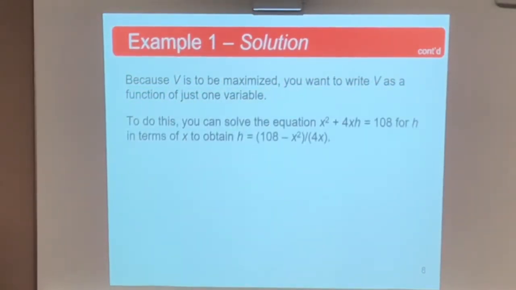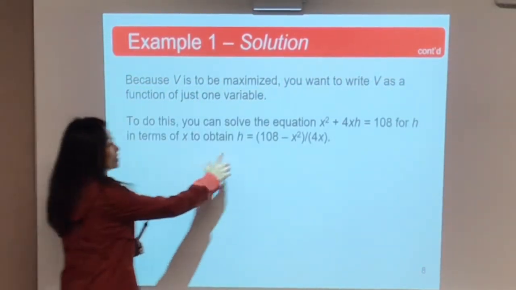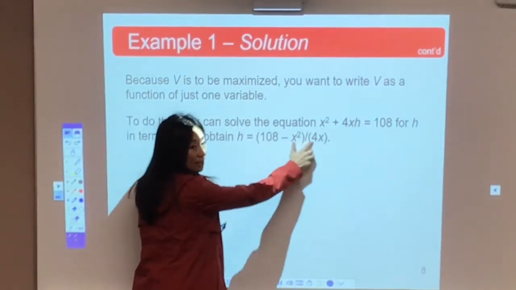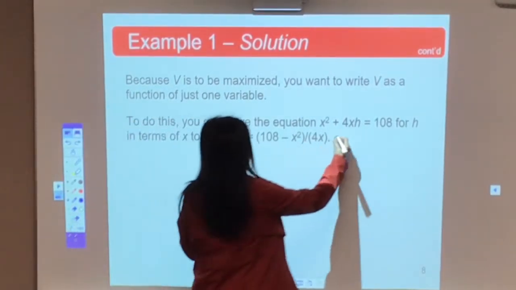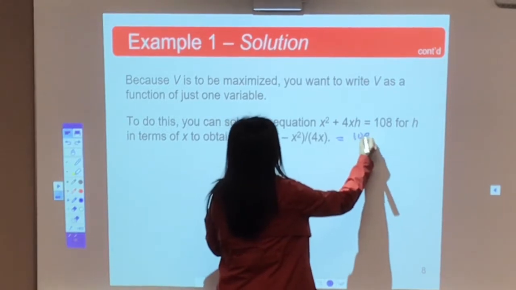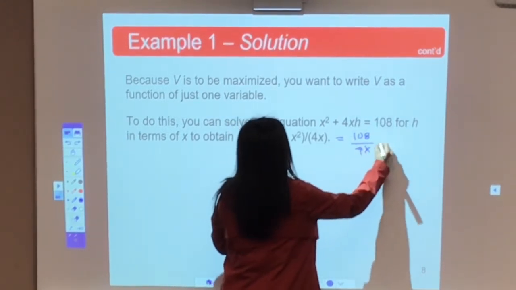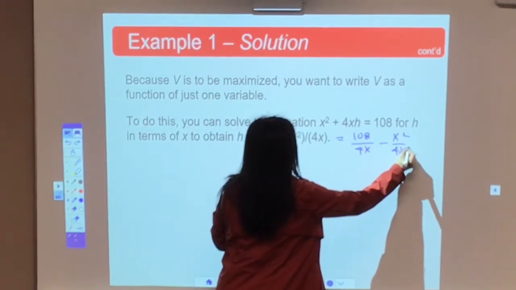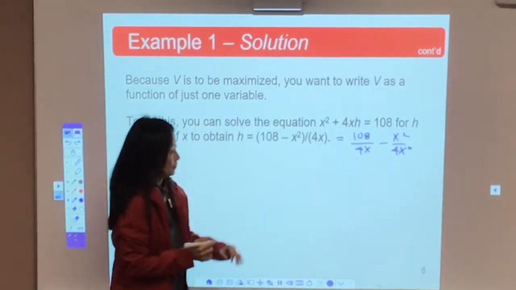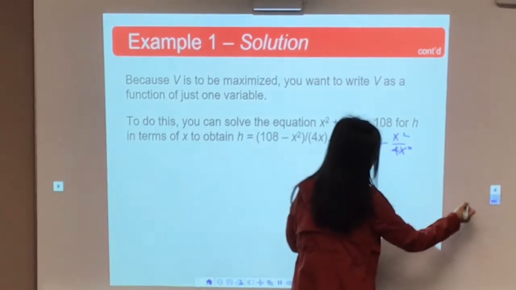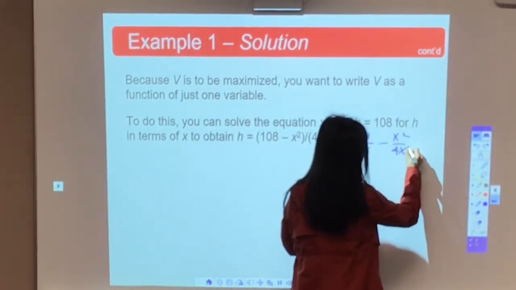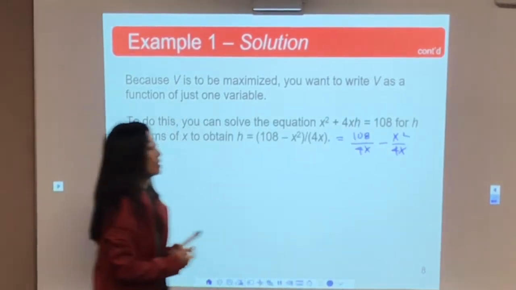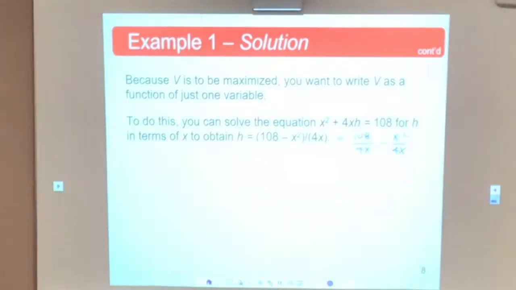So I'm going to rewrite it. Does everybody see how we got this number? Remember we did this one together? Does everybody see that? That's the same thing that we did. Okay, so that's how you get all this.